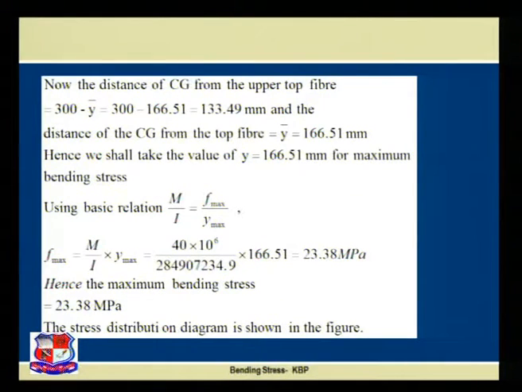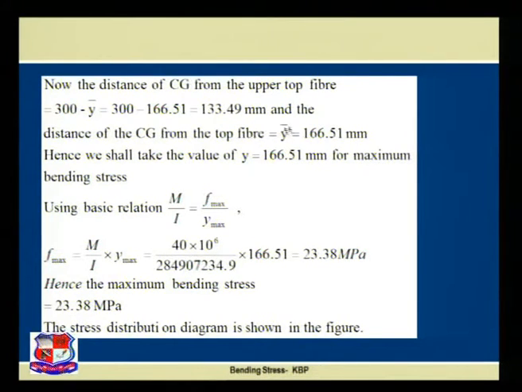Now the distance of CG from the upper top of fiber is nothing but the total depth minus the distance from the neutral axis to the bottom fiber, that is YB or y bar, that is 300 minus 166.51, that is 133.49 mm.